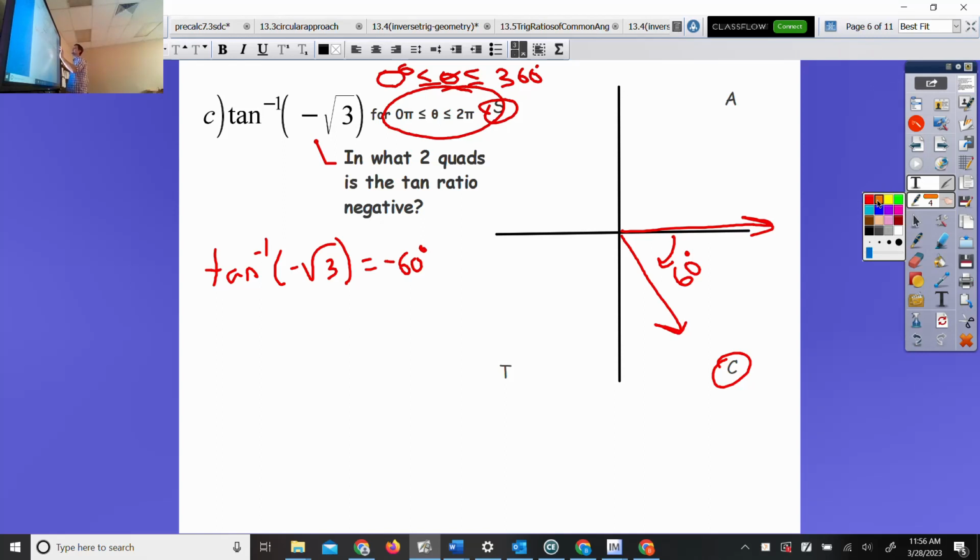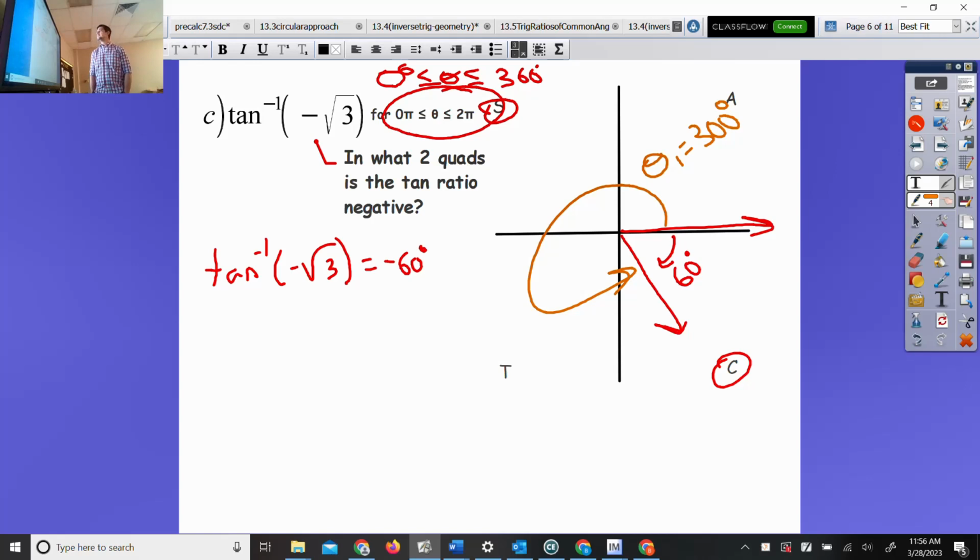All angles positively rotate counterclockwise. How many degrees of positive rotation actually happen? 300. That, by the way, was coterminality. Those angles have the same terminal side. So that one's gone. You got an answer of 300 degrees.